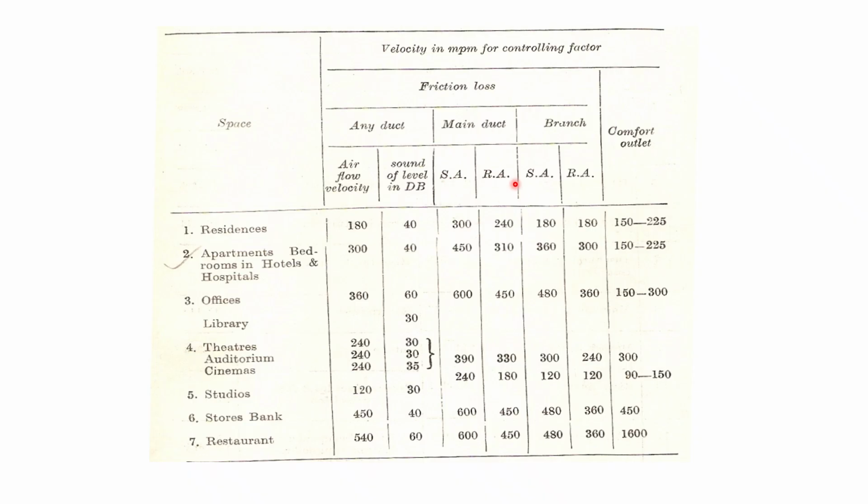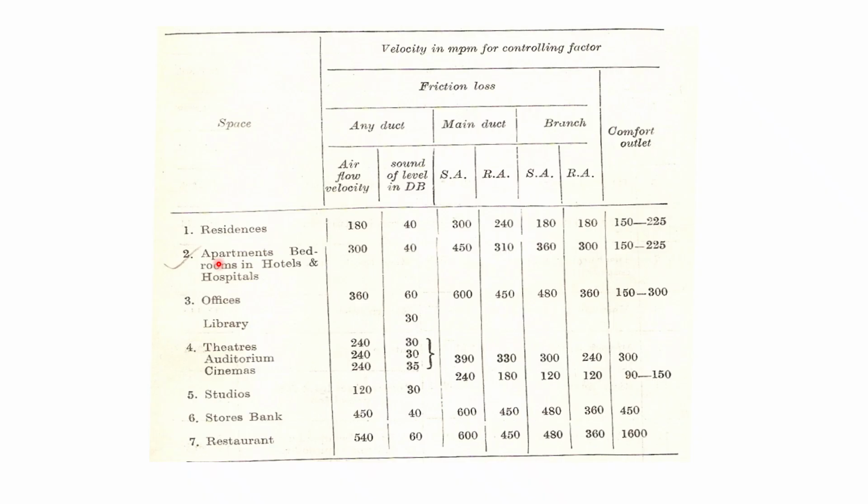Supply air, return air, main duct, and branch also. In general, for any duct, the airflow velocity, if it is 180 in case of residence, sound level will be about 40.